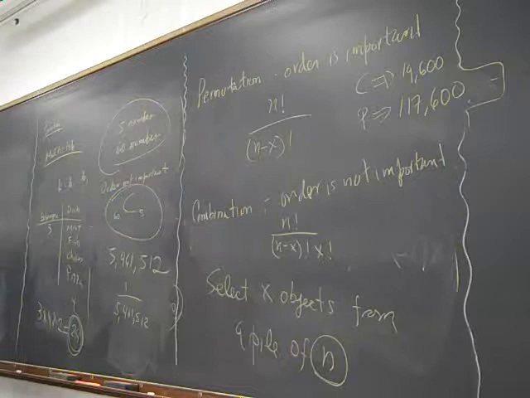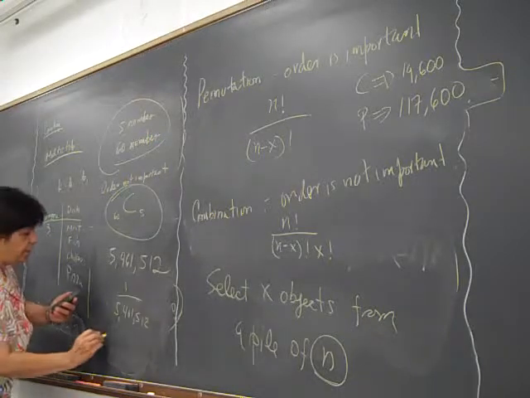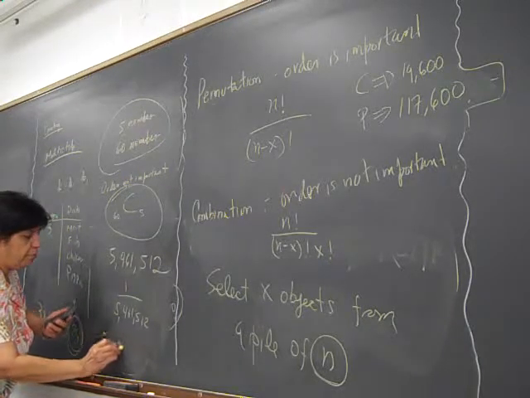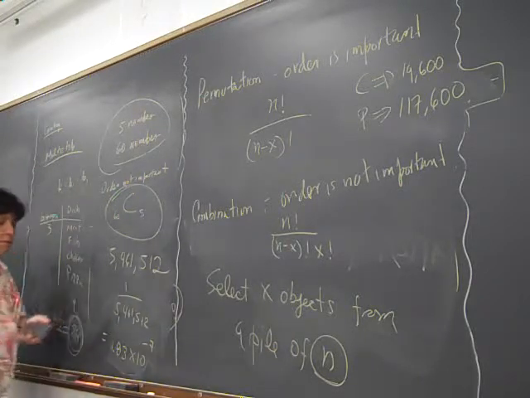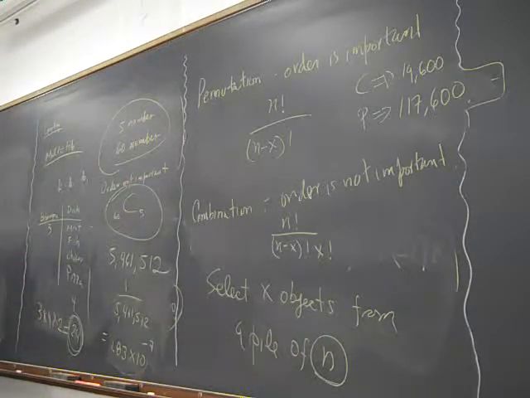So it's pretty small. 60 combinations 5, the probability is equal to 1.83 times 10 to the power of minus 7. Ooh, what is that?